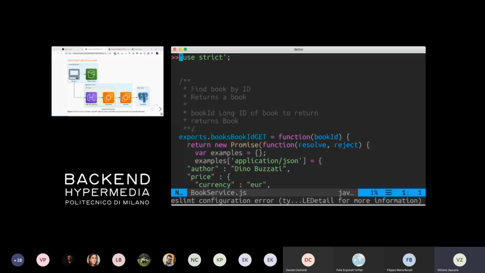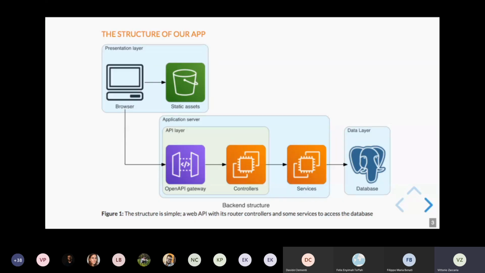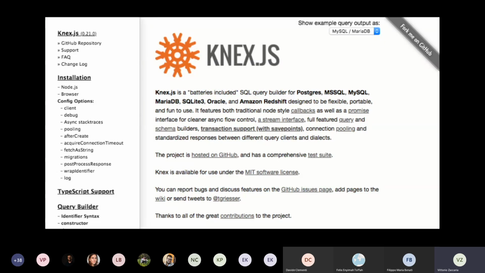So the intermediate layer that we're going to use is called Knex. Let's have a quick look at it. It's knexjs.org, this is the website. It's called a query builder in the sense that it allows us to create SQL queries without writing actual SQL.